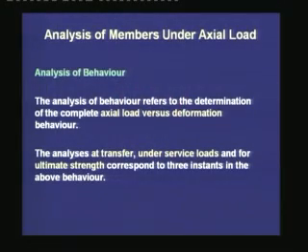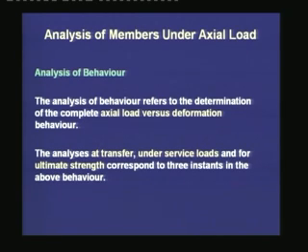Next, we are moving on to the study of an important behavior. It is the complete load versus deformation behavior of the axially loaded member. The analysis of behavior refers to the determination of the complete axial load versus deformation behavior.